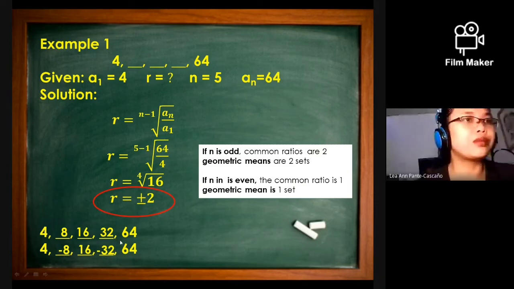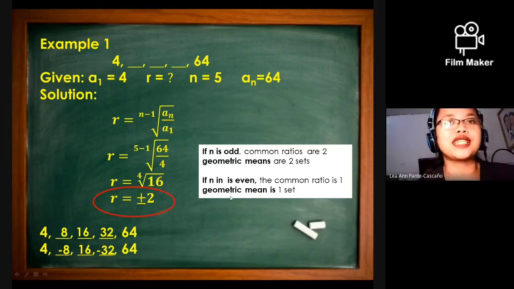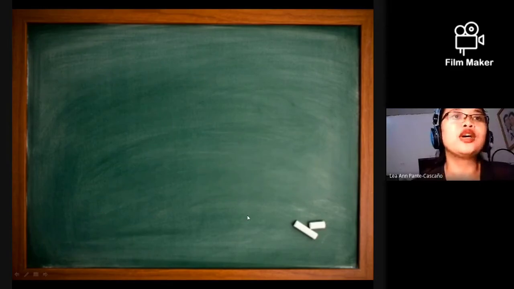Isang puro pare-pareho yung sign at isa naman po na alternate ang sign kasi nga meron tayong root or meron tayong common ratio na isang positive at isang negative. Kapag yung n naman daw natin ay even, yung common ratio natin isa lang. Pati yung ating geometric mean ay isang set lang din, o yung ating geometric sequence.